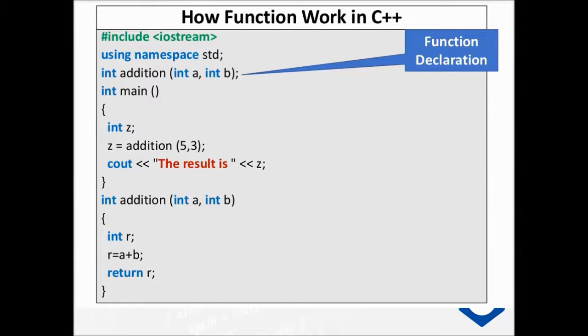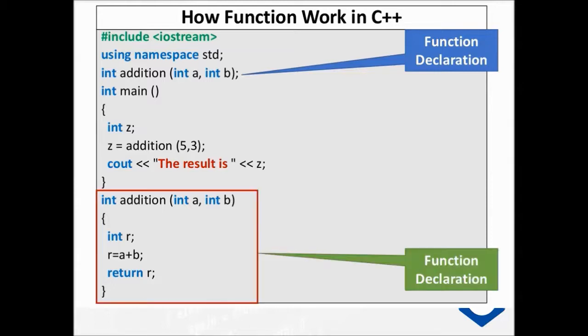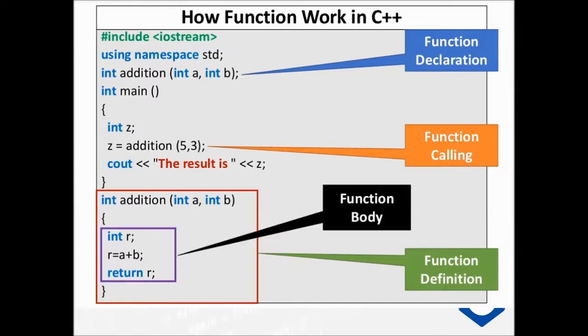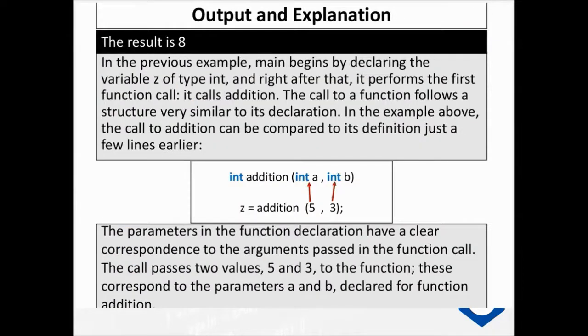This is our function body. Here is our function call. When we call the function, control goes to int addition, int a, int b, and into the body of this function we perform the addition of 5 plus 3, and the result is 8.